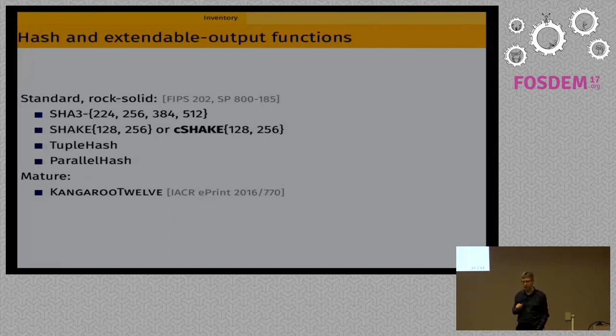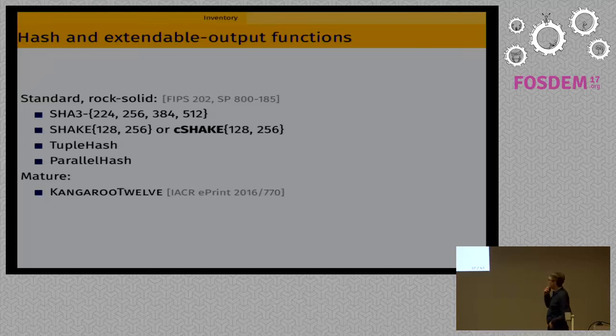So cSHAKE is like SHAKE, except that you have an extra input, which is a customization string, and the advantage is that you can have domain separation between different hash functions. So if you put a different customization string, you immediately get a new hash function with the output that is independent of cSHAKE with a different customization string.